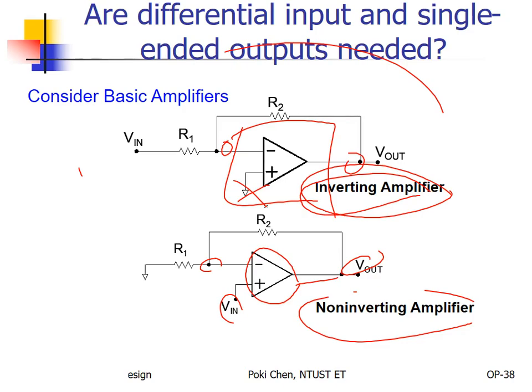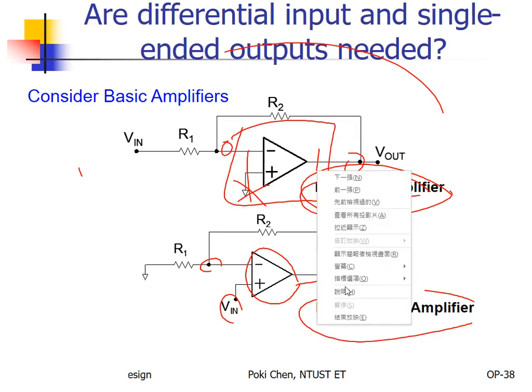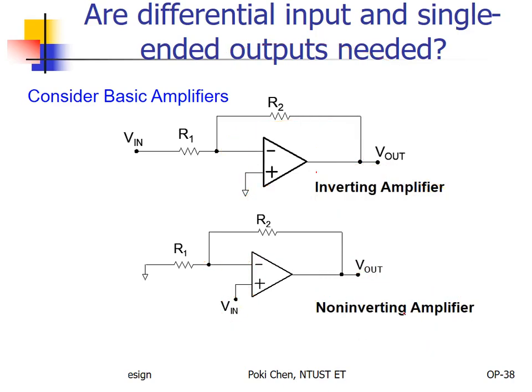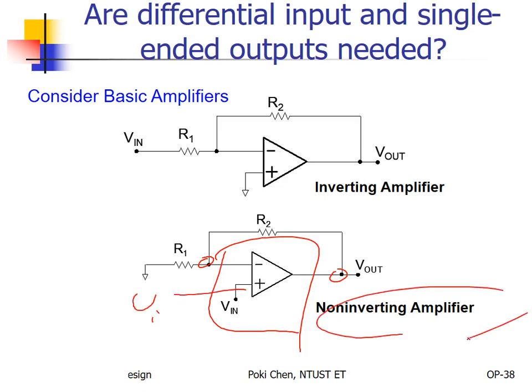All right? So it seems possible that maybe we don't need such kind of 2 inputs and 1 output. Maybe we can reduce it. Hey, don't tell me, I can, again, make it a black box, so only focus on this and that. No. In this way, where to apply your V in? You still need to tap out for V in, right? So for the non-inverting amplifier, you need at least 3 nodes for connection.